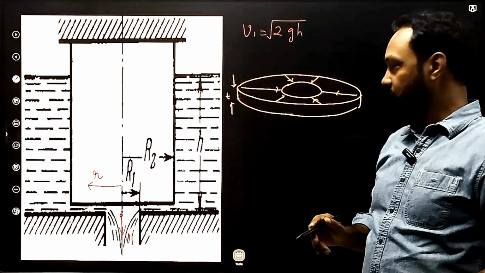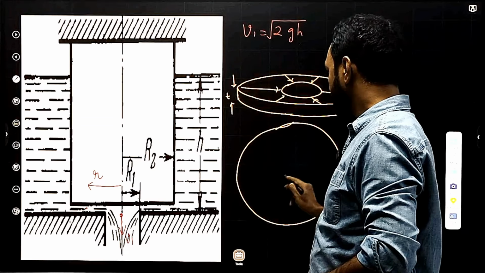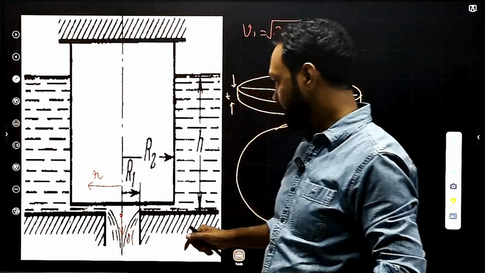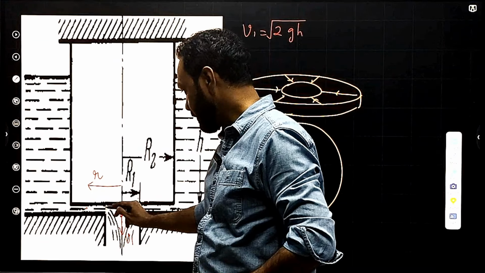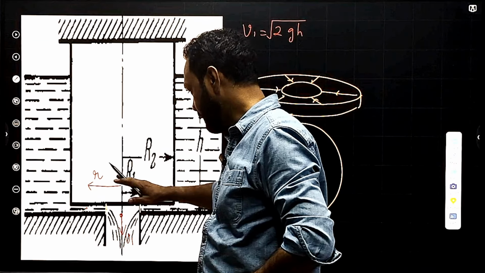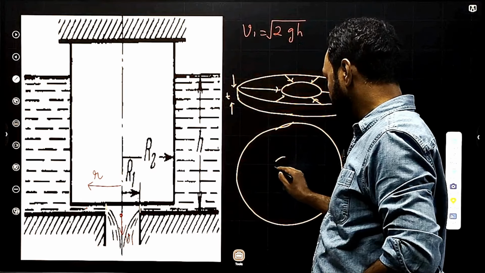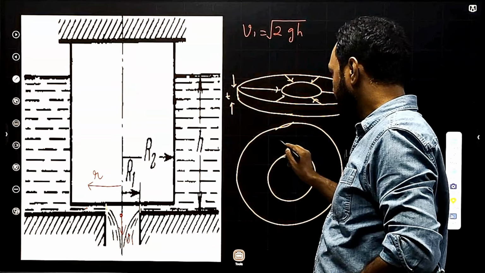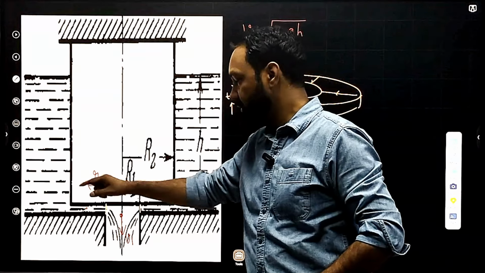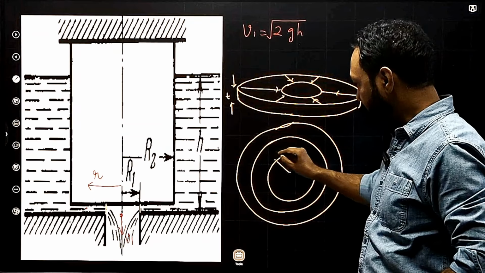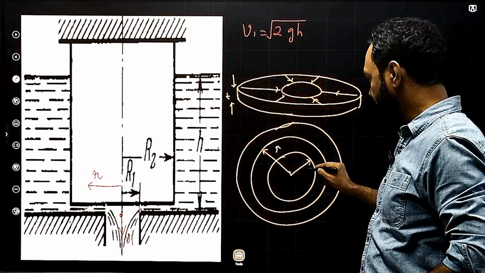So I am drawing the top view just here, from where all the fluid particles merge and go down, and here. This section is at radius small r, and this is at radius r1.